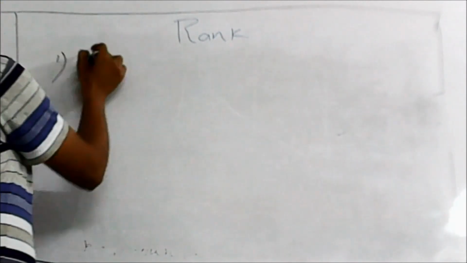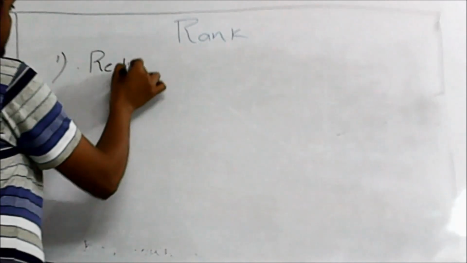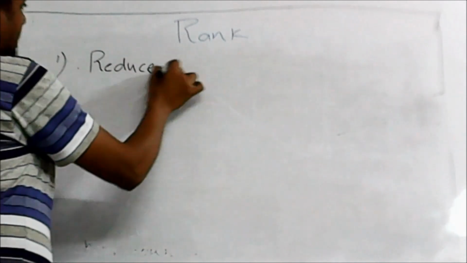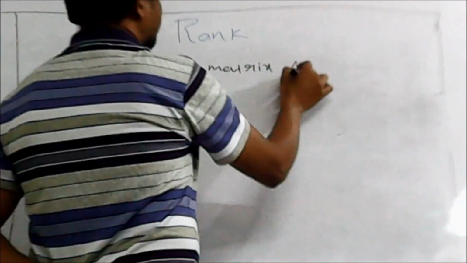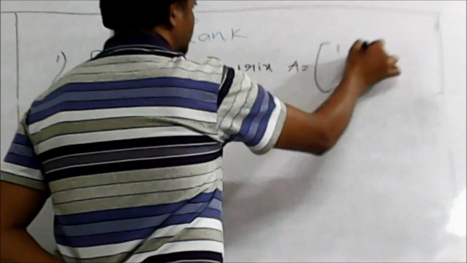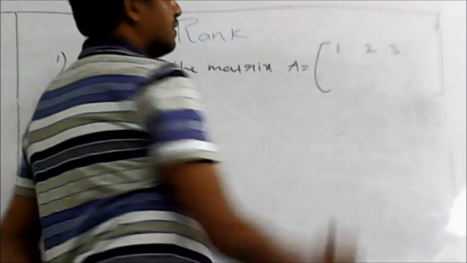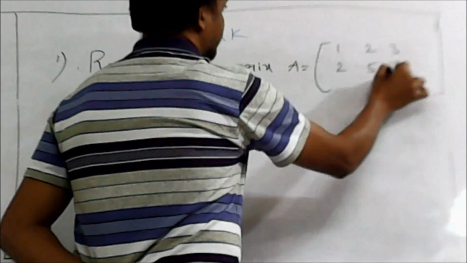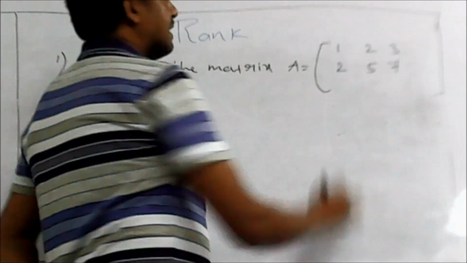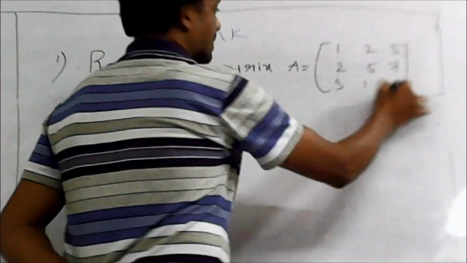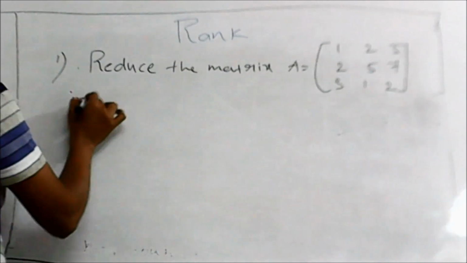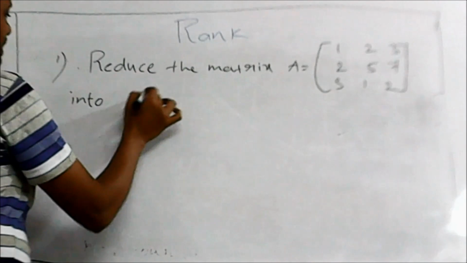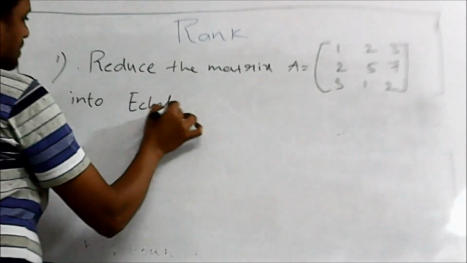Reduce the matrix A equal to 1, 2, 3, 2, 5, 7, 3, 1, 2 into echelon or row echelon form.